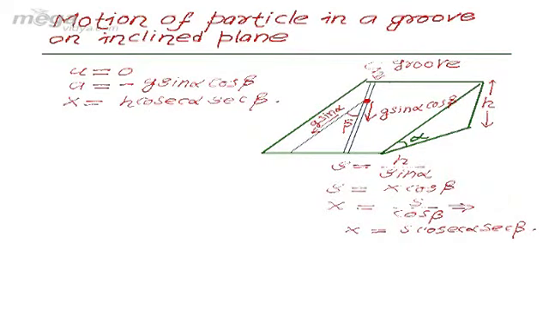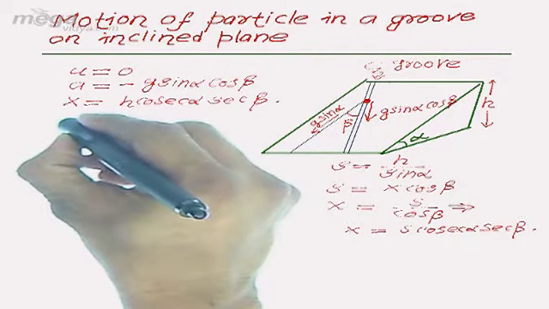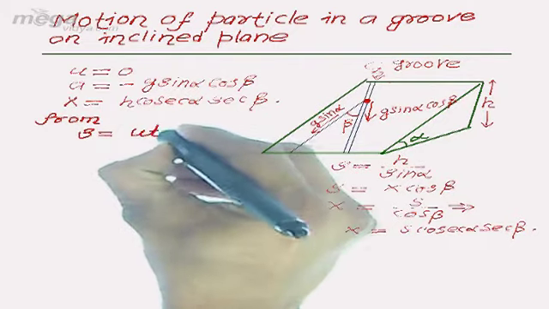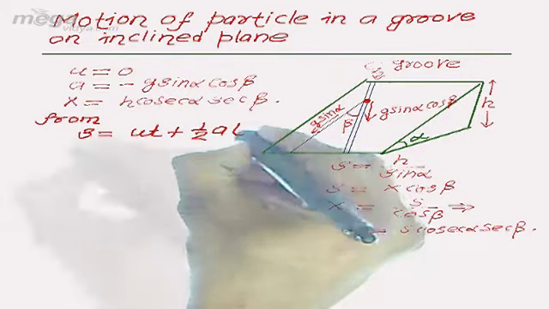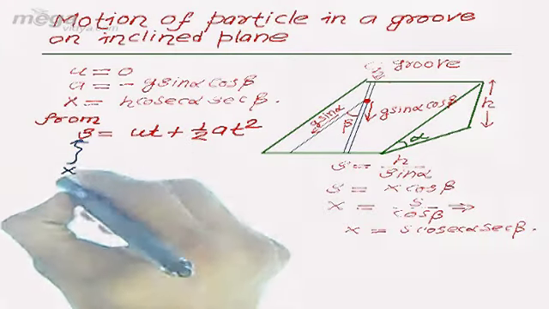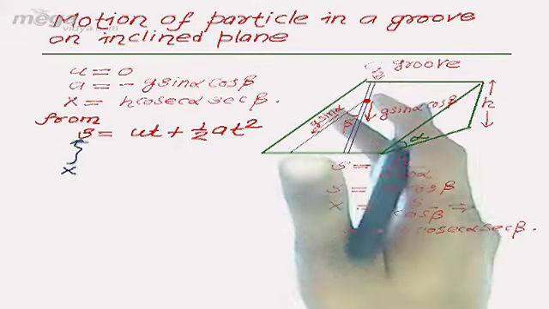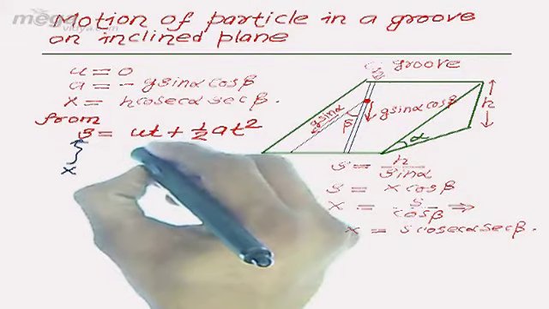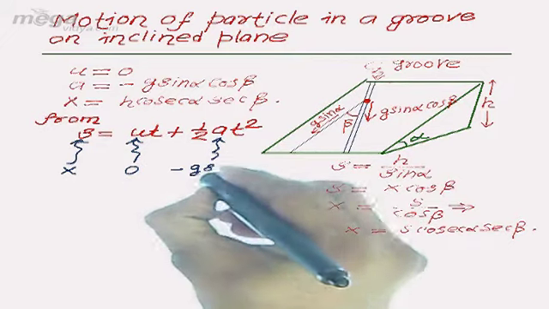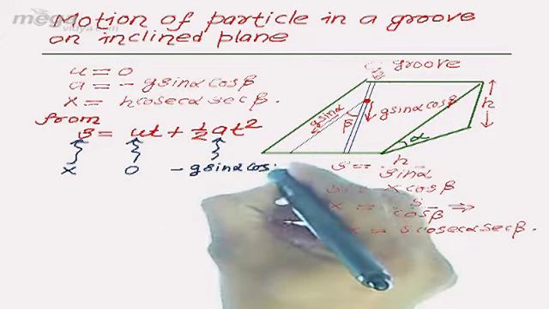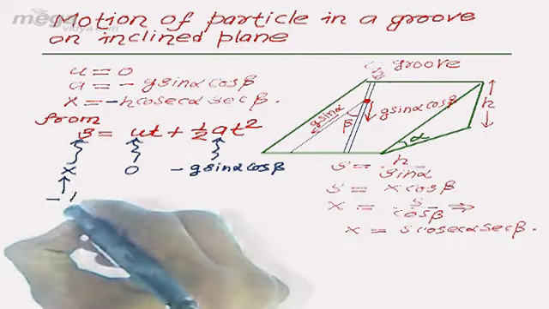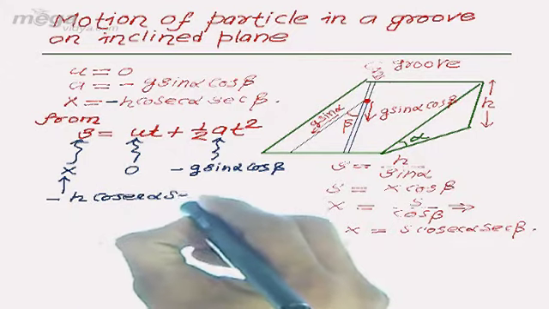By using the second equation of kinematics, s equal to ut plus half at square, s here can be replaced by x, which is the distance travelled along the groove. u is 0, a is minus g sine alpha cos beta, and x is equal to minus h cosec alpha sec beta.